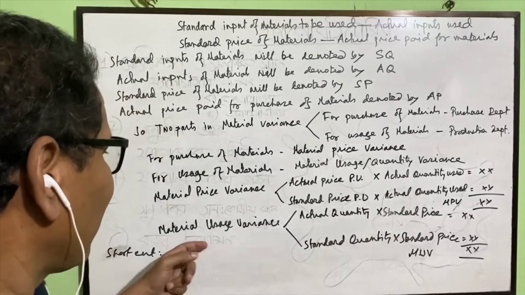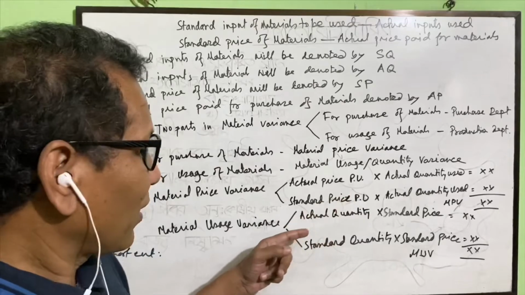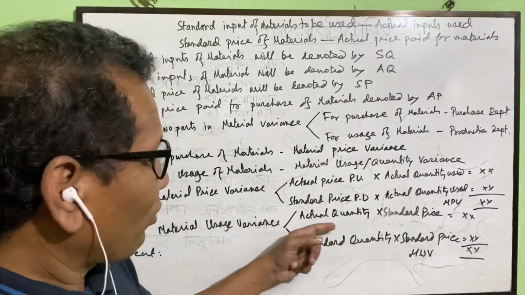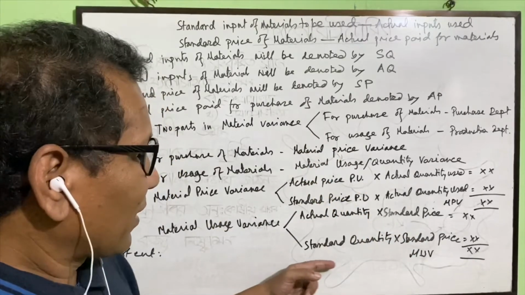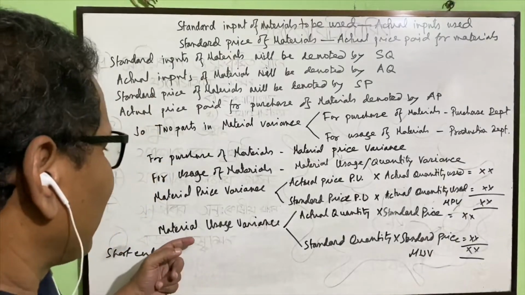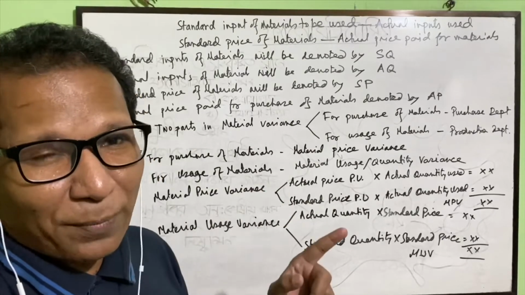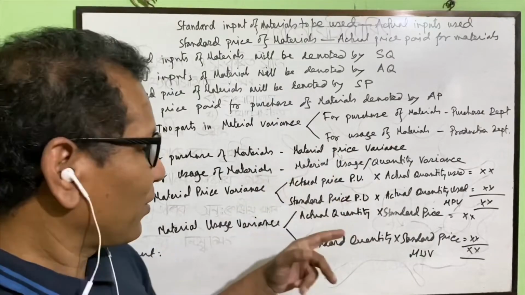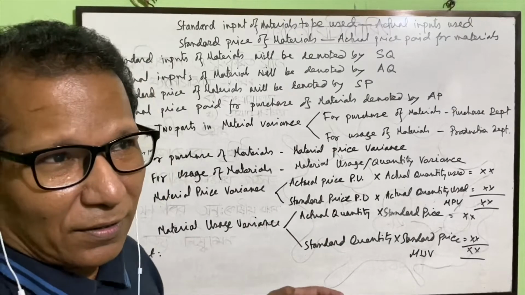On the other hand, material usage variance arises from the difference between actual quantity and standard quantity. That means actual quantity into standard price and standard quantity into standard price. That means material usage variance arises from the standard use of material and the actual use of material. The difference between these two is called material usage variance.